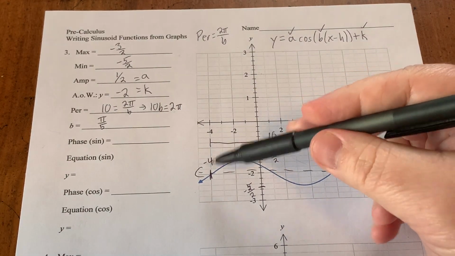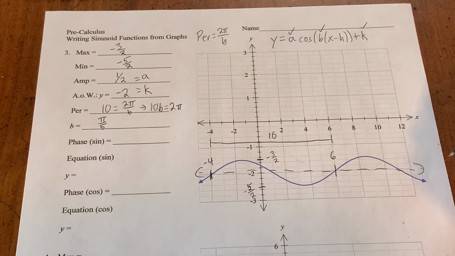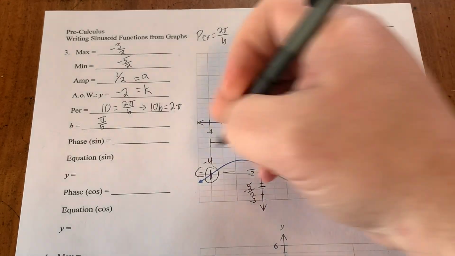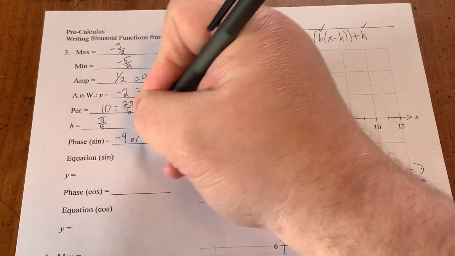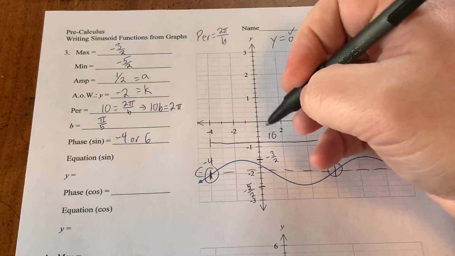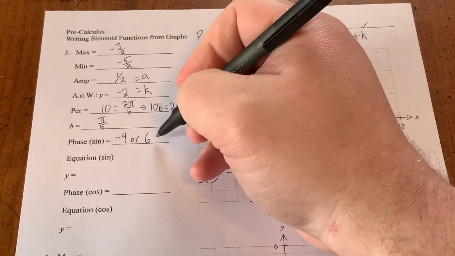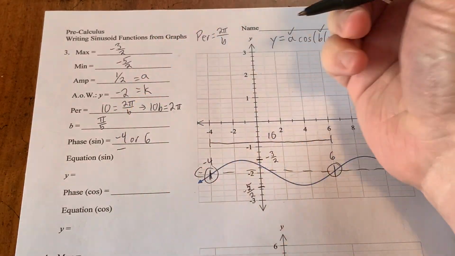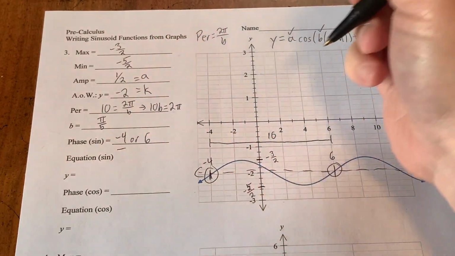For a sine, it's at the axis of the wave. For a positive sine, it's at the axis of the wave going up. So at -4 or 6. Now, we can choose either one. I'm just going to choose -4. Doesn't matter. You could easily do 6.